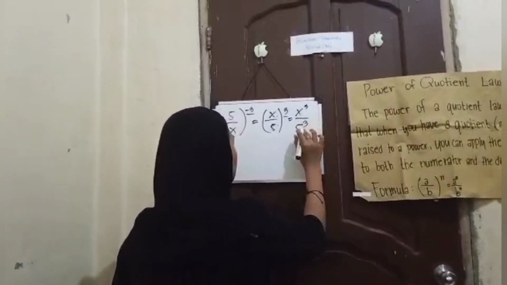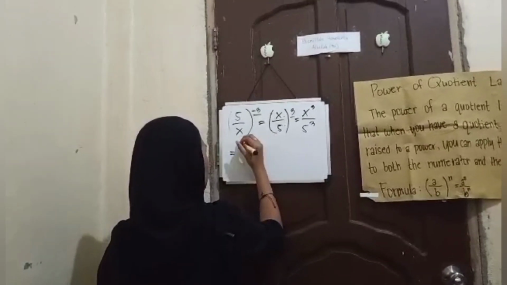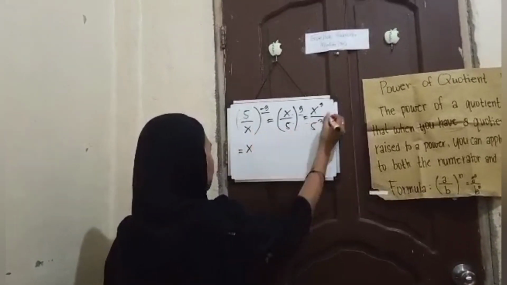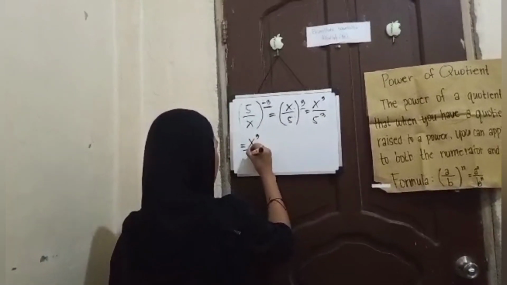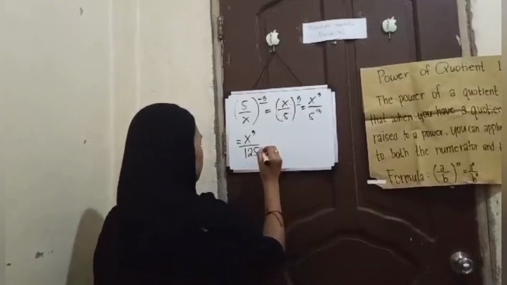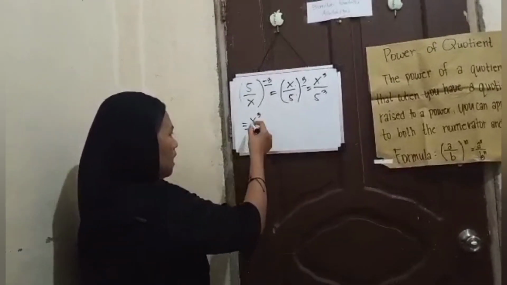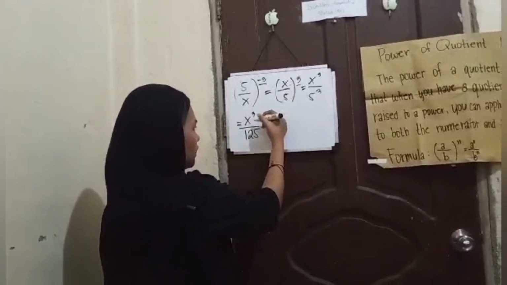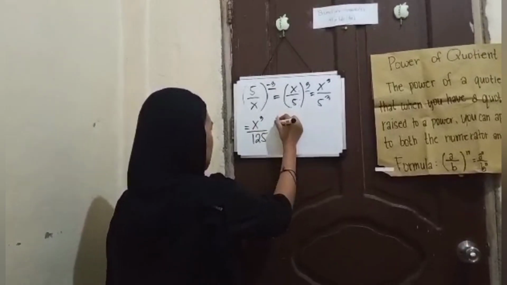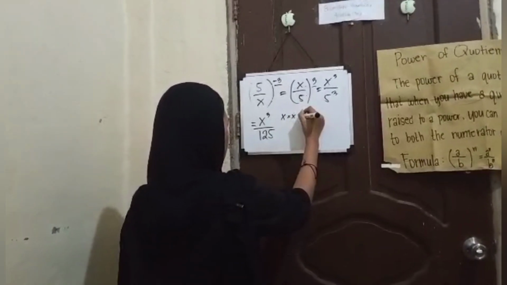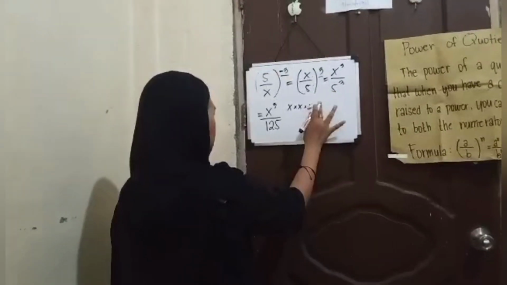And then x cubed over 125, because 5 times 5 times 5 is 125, and x cubed, since it is not a constant, just a variable, it remains, since x times x times x is equal to x raised to the power of 3.